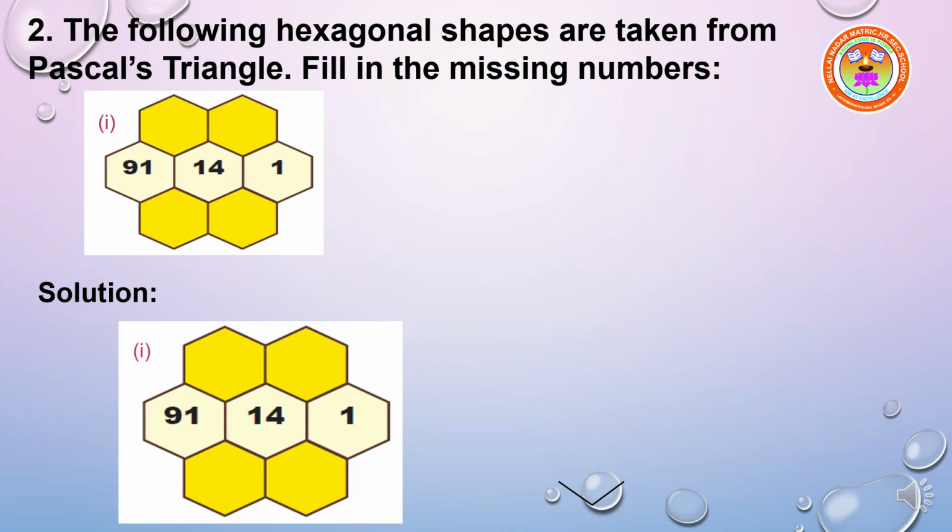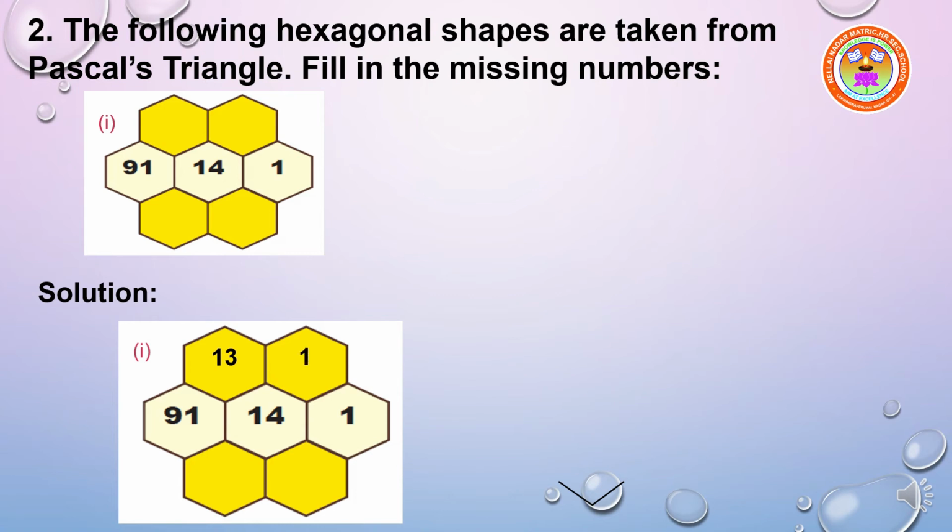And remember, it is ending with 1 on my right side. So the number above should be 1 and the number below also should be 1. If it is 1 above, 1 plus what number will give me 14? It is obviously 13. So 13 plus 1.